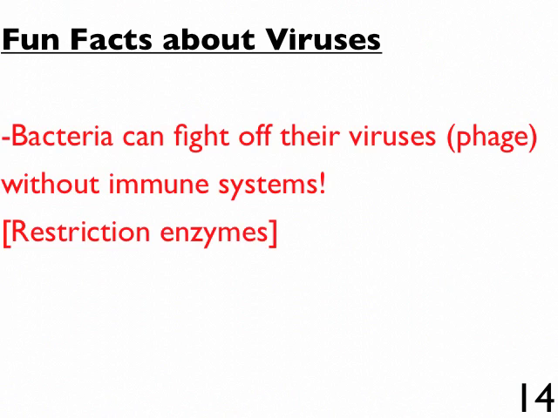More fun facts about viruses. Bacteria can fight off their viruses, phage, without using immune systems. Remember, bacteria, they're so simple, these little single-celled critters. They don't even have membrane-bound organelles. What they do have are special enzymes called restriction enzymes that cut specific DNA sequences.